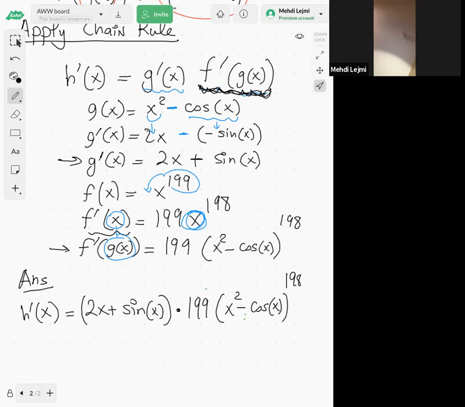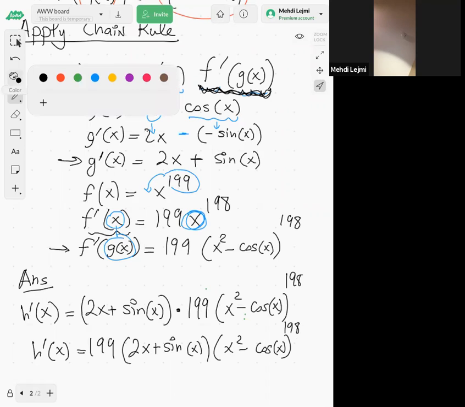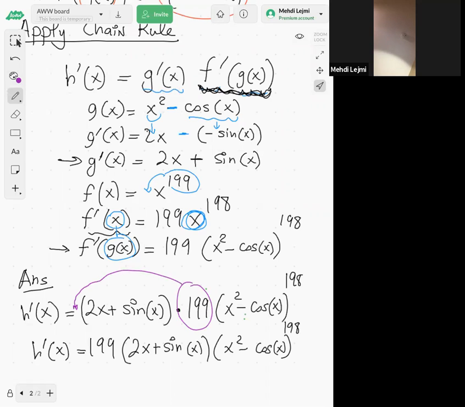In other words, h prime of x, I'll just move the number in front: 199 times 2x plus sine of x, times x squared minus cosine of x to the power 198. Right? I just moved this 199 to the front here.